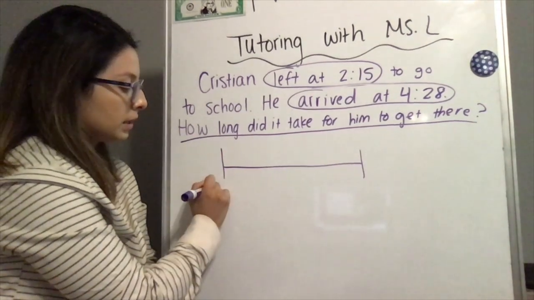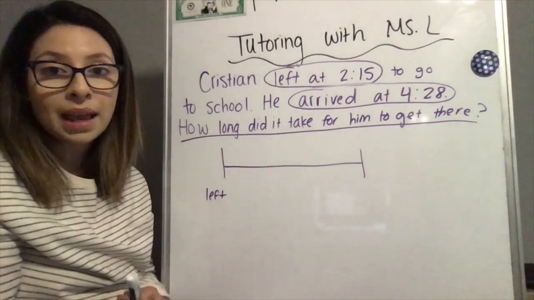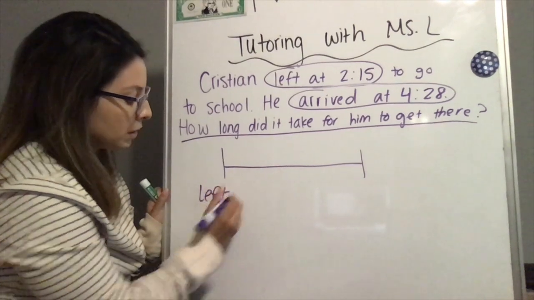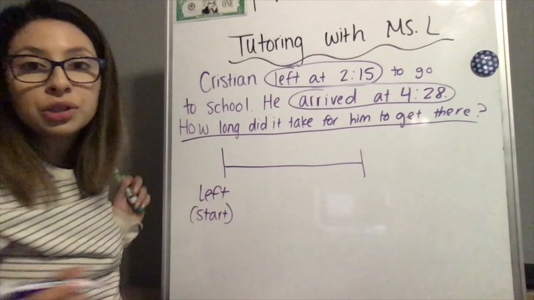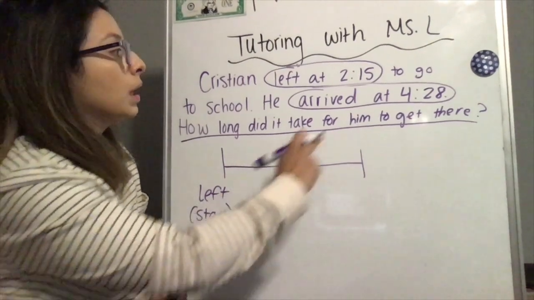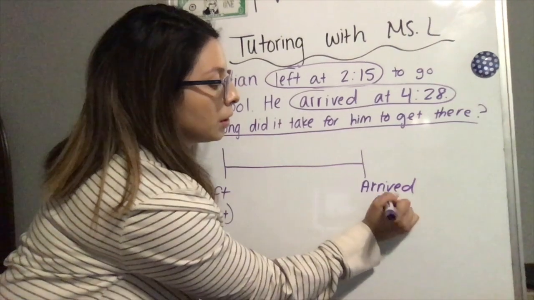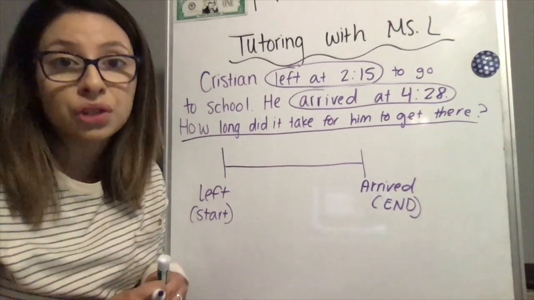I would put maybe left, or you could say start, whichever one makes sense to you. And then you could write arrived, or you could write end. Once again, whichever one makes sense to you.